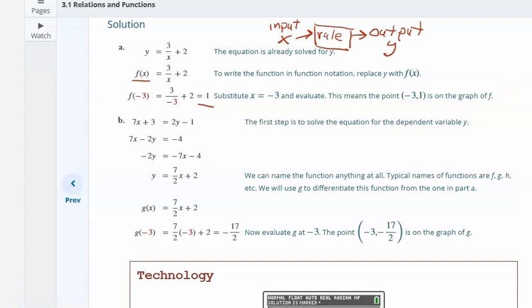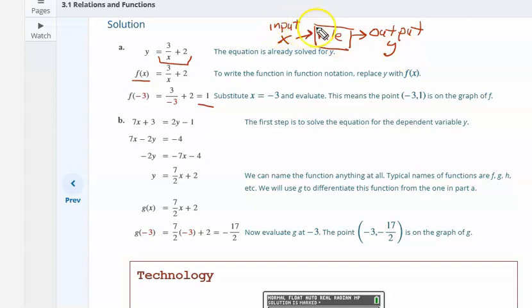And something useful that I've seen in other books and courses is this little flowchart here, where our x value is the input into the rule. Again, this part is the rule, and then you get an output, which is your value for y.